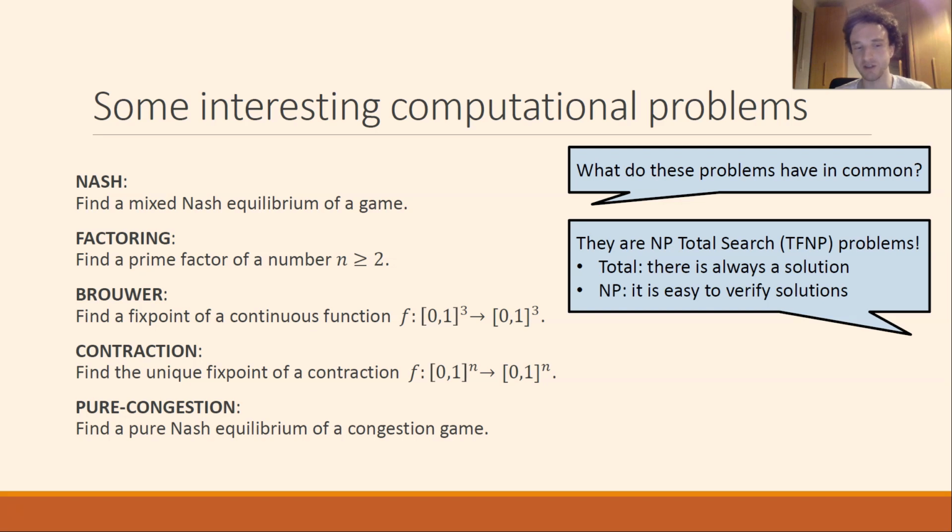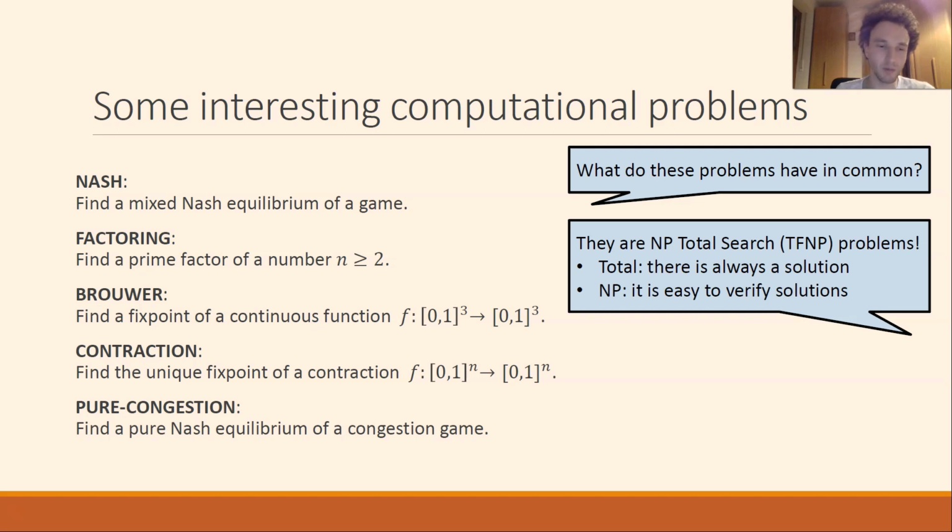Contraction is based on another fixed point theorem, Banach's fixed point theorem, which tells you that a contracting function has a unique fixed point. And finally, it's well known in the study of congestion games that every congestion game has at least one pure Nash equilibrium.